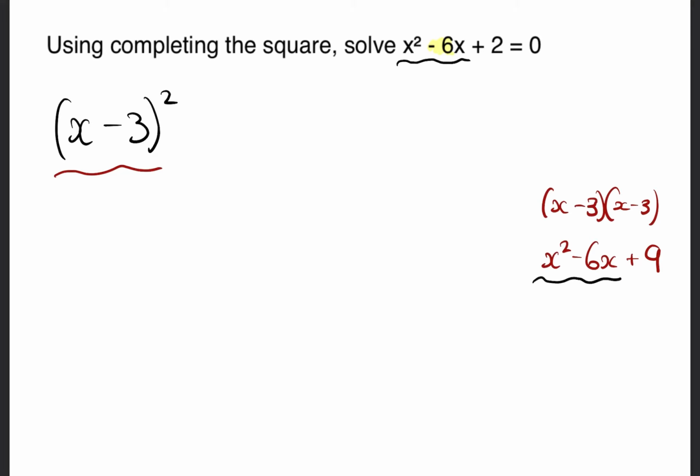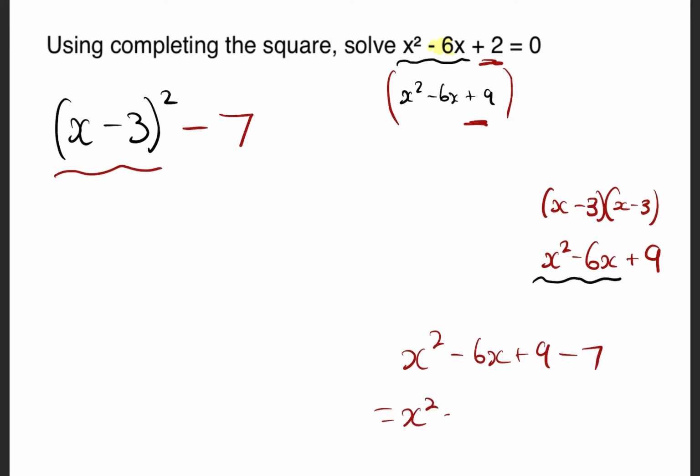Okay, so we have x squared minus 6x plus 9. That equals what we see here. We have the 9, we wanted 2. So it's going to be a simple case of negative 7, because x squared minus 6x plus 9 minus 7 equals x squared plus 2.